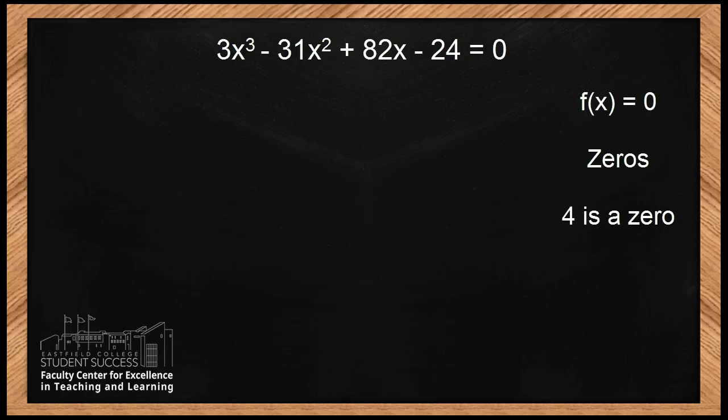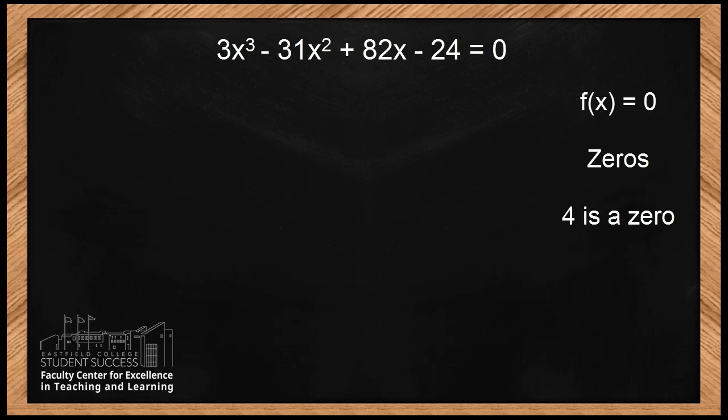So step number 2, if you will, is understanding that when you do use synthetic division and divide by that zero, your remainder will be 0. Let's see. I'm going to use synthetic division, and I'm going to divide by 4.